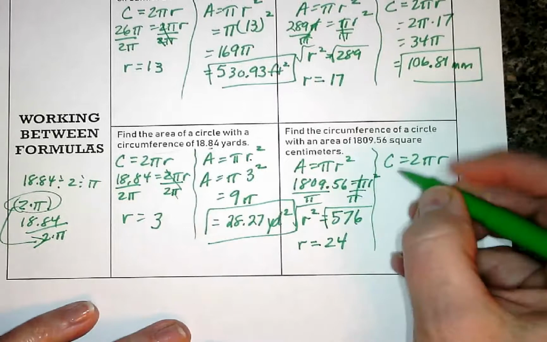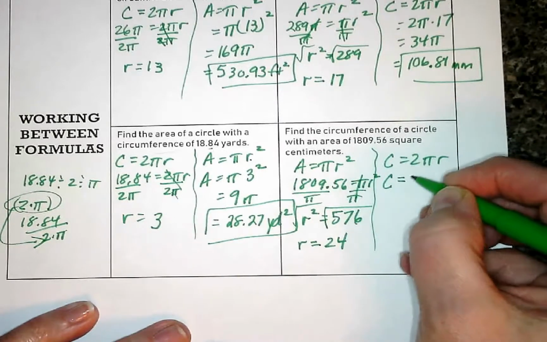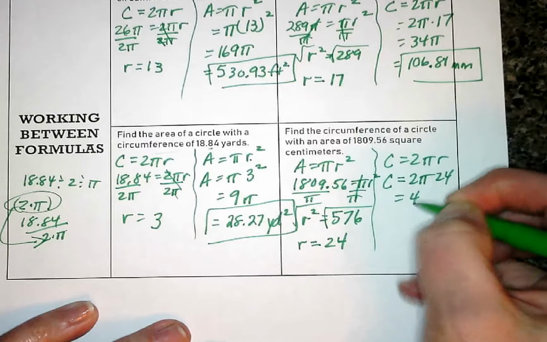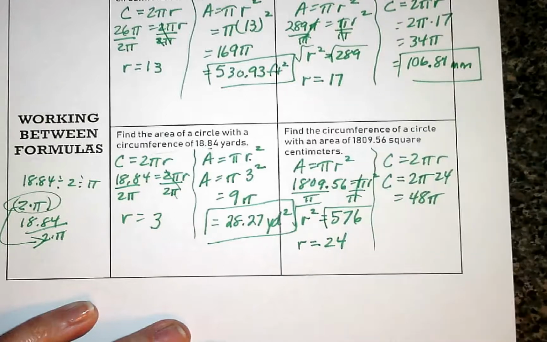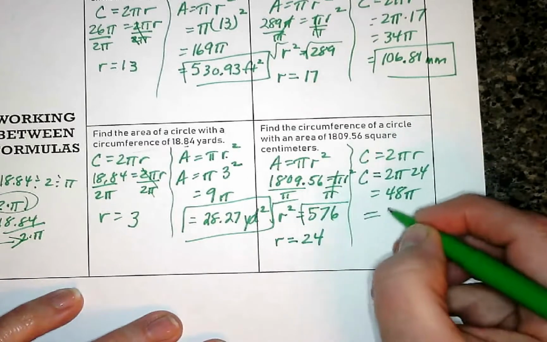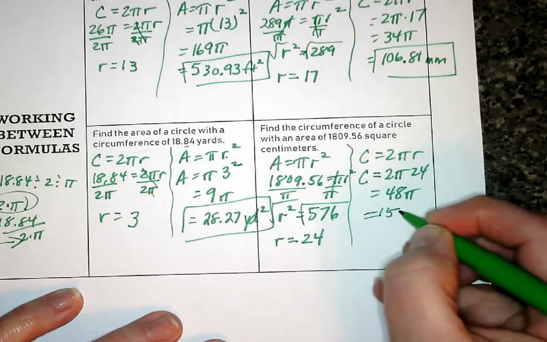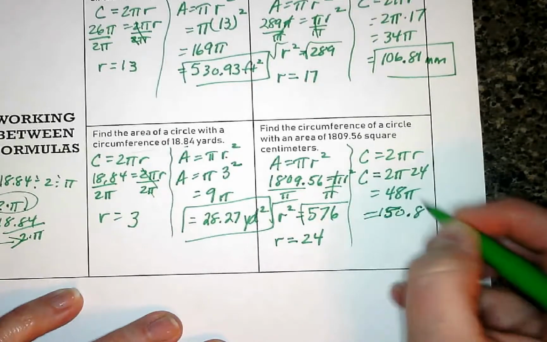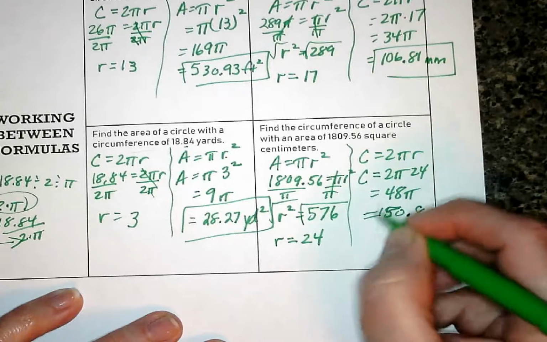So to complete it then, to find my circumference, or my C, I'm going to fill in r is 24. If I multiply the numbers, I get 48 times pi. If I multiply that out, I get 150.8. And this is centimeters.